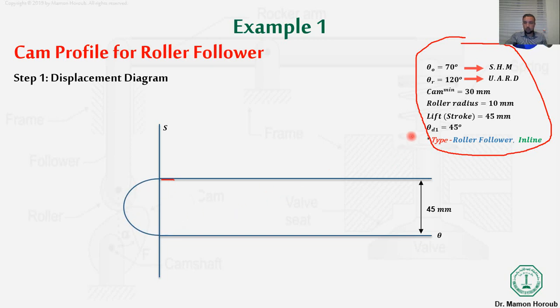So first of all, here we will draw a half circle, and its radius equal 45/2, or the diameter will be the same as the stroke. Why? We will discuss it later on, because we need to draw simple harmonic motion through the outstroke period.